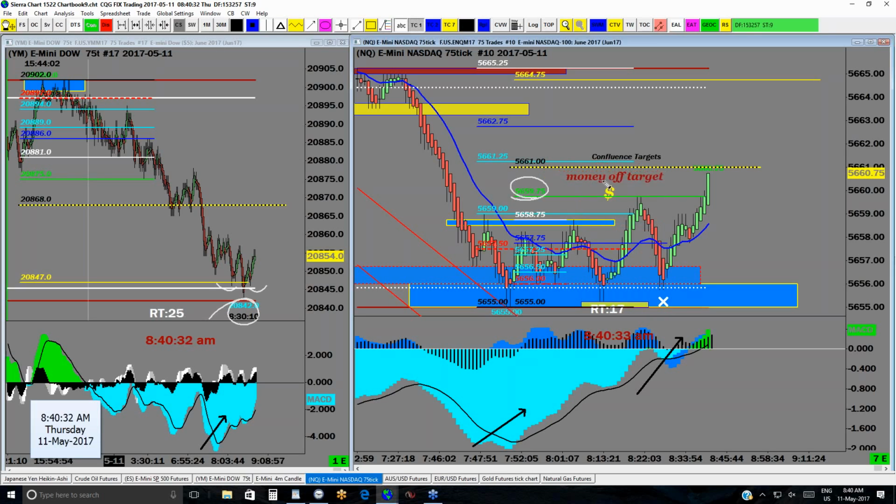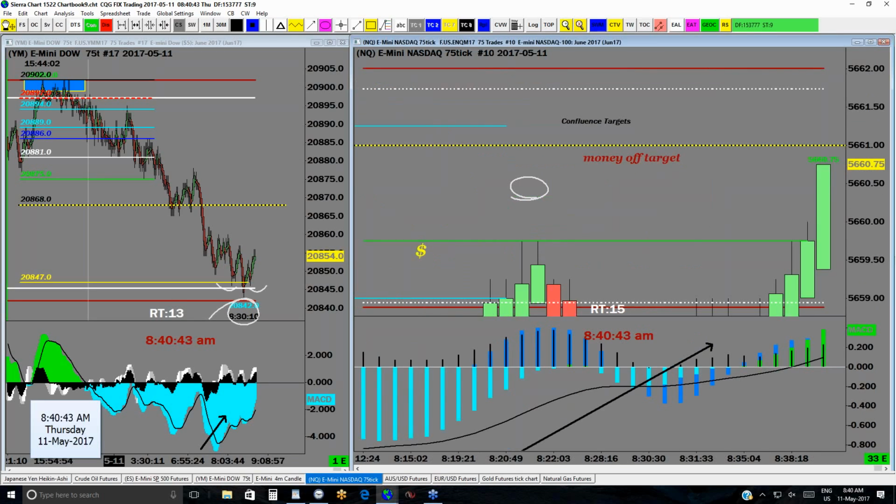Just move that a little tiny bit, just about there. Zoom in on this. So we're a tick away. And we'll come back just to save space.